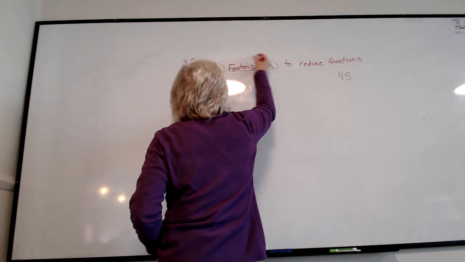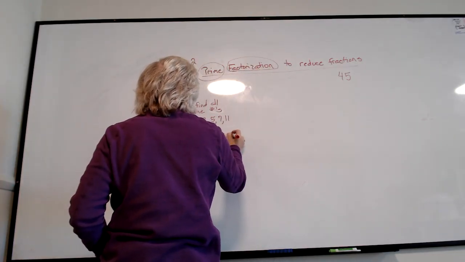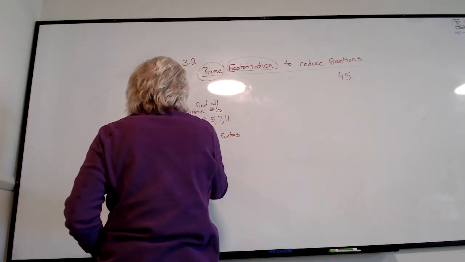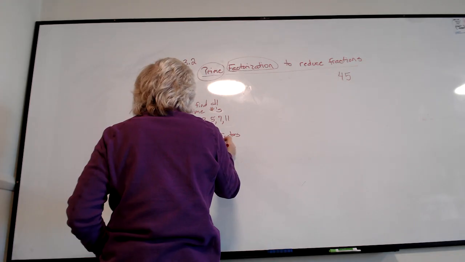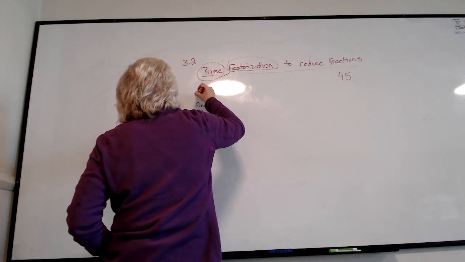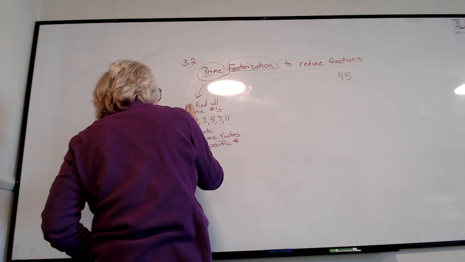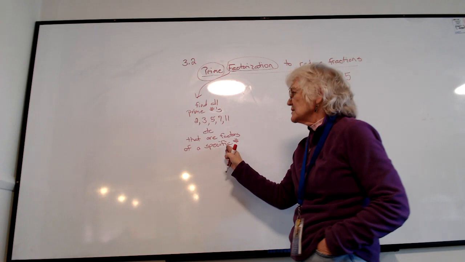That's what factorization means, to find all that are factors of a specific number. So that's what prime factorization really means. We're looking for all the prime numbers that are factors of a specific number.